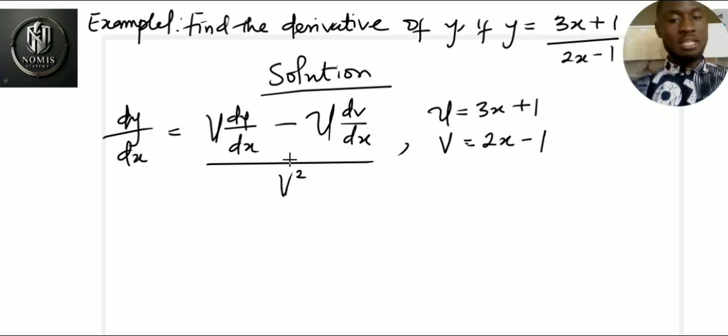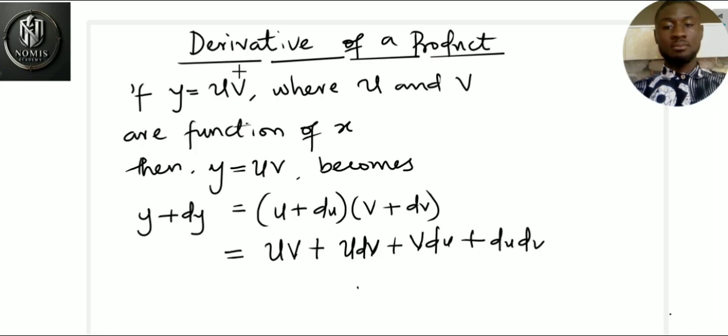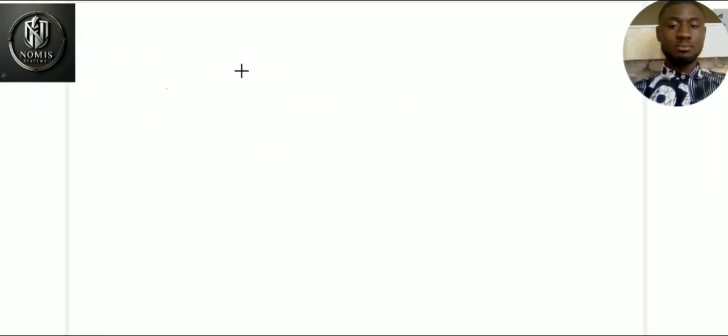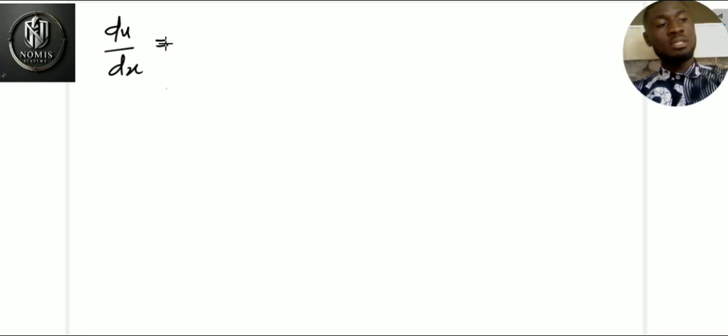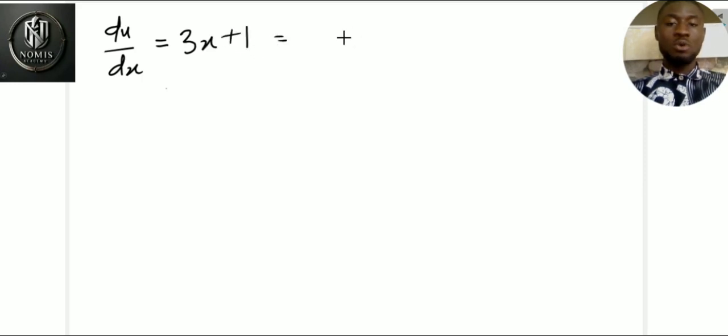So let's get the du/dx. du/dx will be equal to the derivative of 3x plus 1. If you differentiate 1, you have 0.